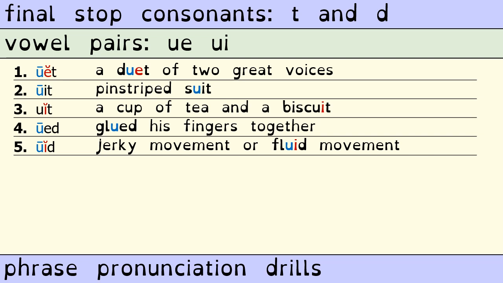A cup of tea and a biscuit. 4. Ued. Glued his fingers together. 5. Uid. Jerky movement or fluid movement.